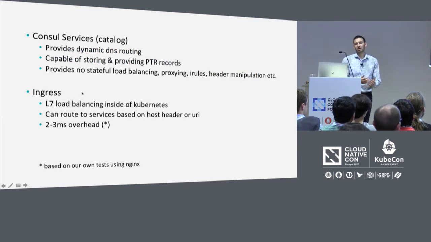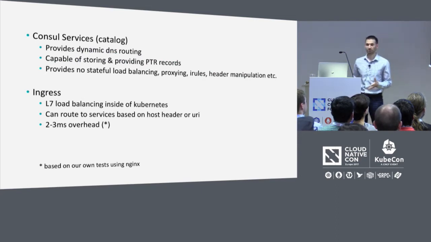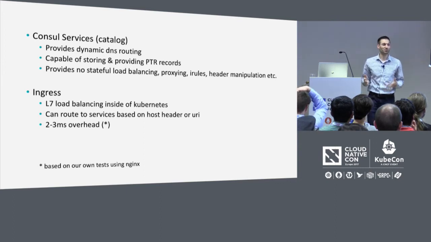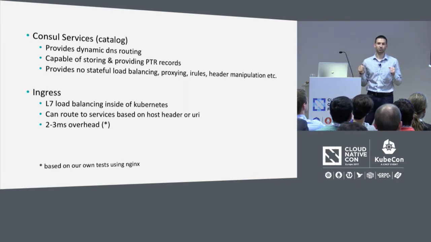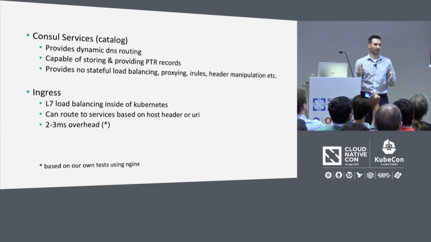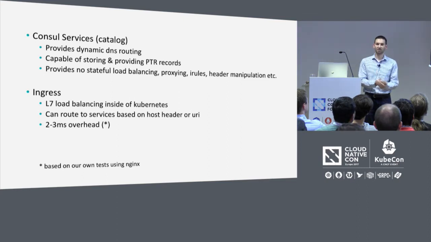So we started to look at Consul and Ingress and pairing them together. A little bit about Consul. When I'm talking about Consul here, I'm talking about Consul services and not the Consul key value store. Very different. The services allow you to take a set of systems and tie them into a single service.